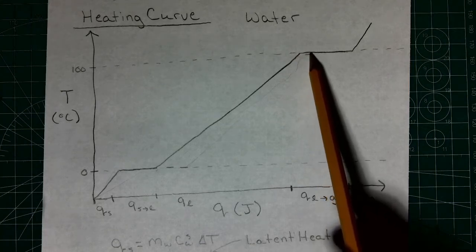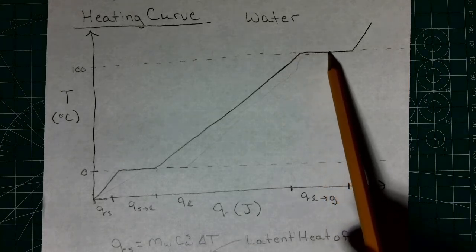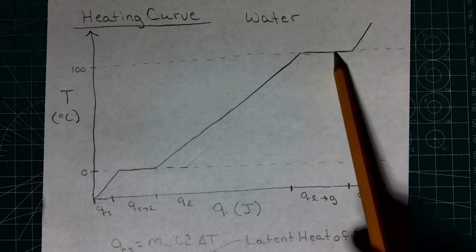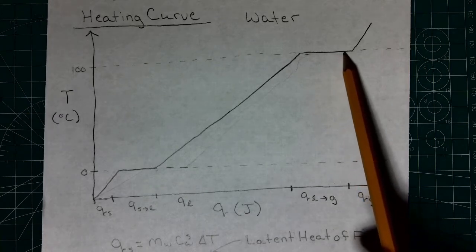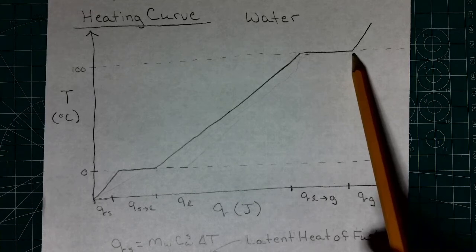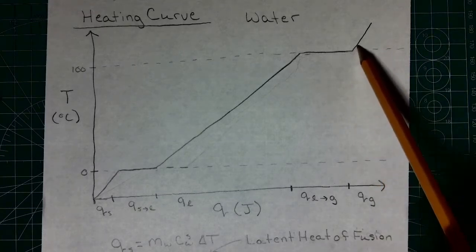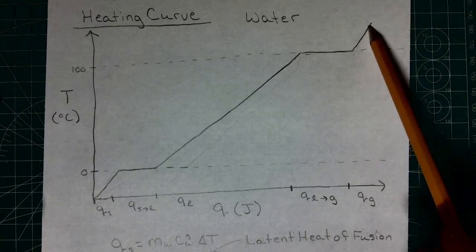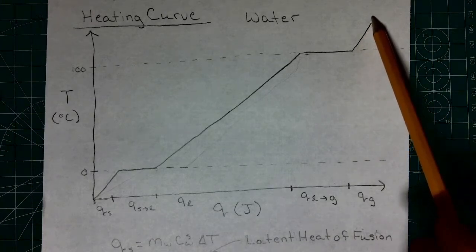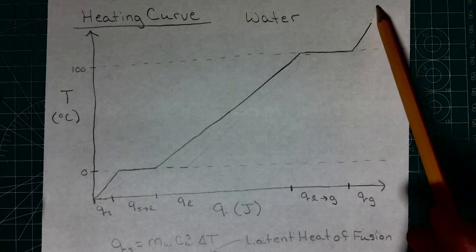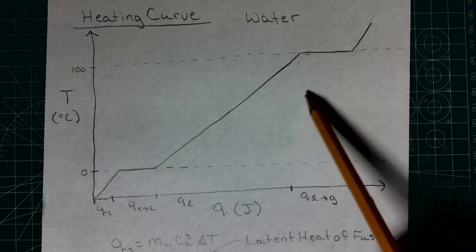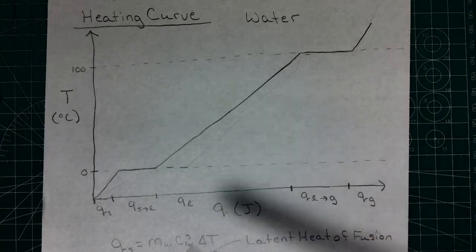At that time, its temperature is going to remain the same while it turns into a gas until it's all a gas. Once it's a gas, it's going to start to heat up even faster than the liquid water did, up and up and up until we're off of the graph.